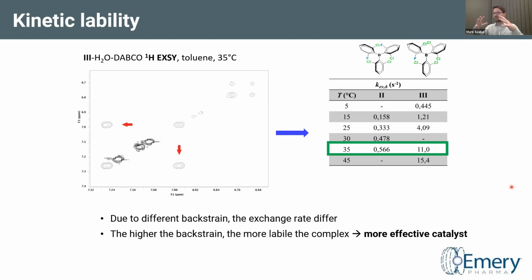And as it becomes trigonal pyramidal, the chlorine atoms, which are certainly bigger in size than the fluorines, create a higher backstrain and push back the borane. This is the driving force of the dissociation, and this is what's behind the higher dissociation rate.